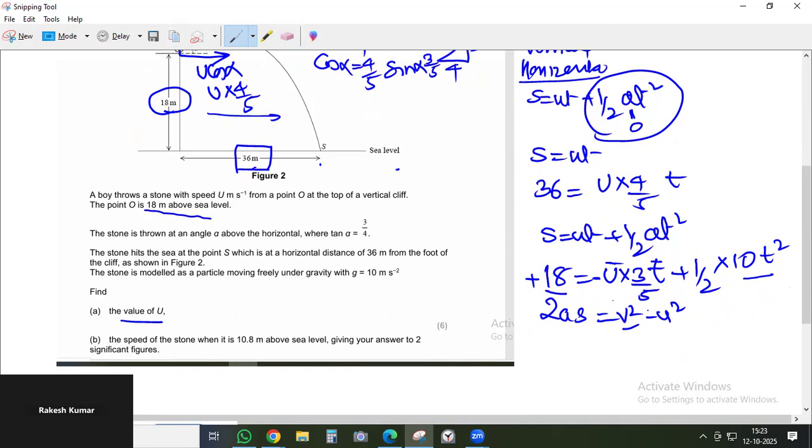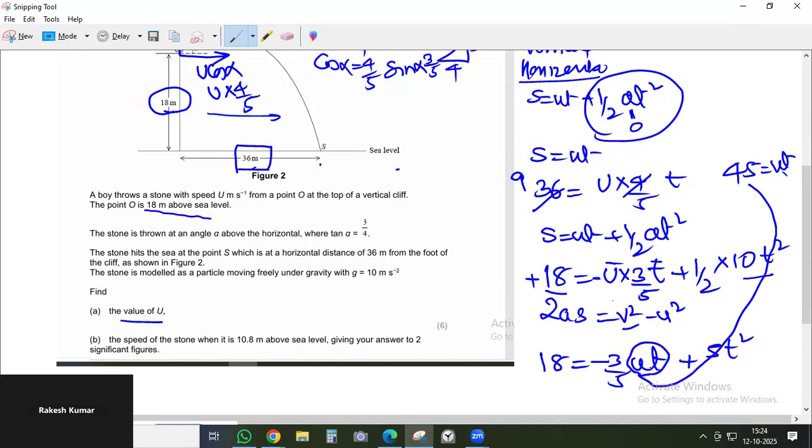So this will become 18 is equal to minus 3 by 5 ut plus 5t square, and ut was giving me 9 into 5, 45. So if I put this here, in place of ut I put 45: 18 is equal to minus 3 by 5 into 45 plus 5t square. I get t square and then I can solve. Once I get t, I can do anything.